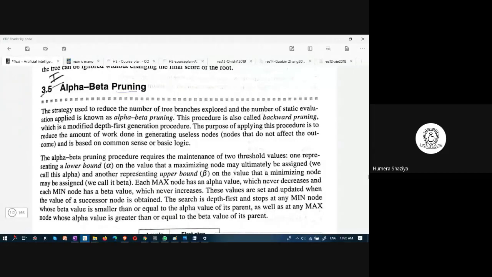The strategy to reduce the number of tree branches explored and the number of static evaluations applied is known as alpha beta pruning. Alpha beta pruning is also known as backward pruning.